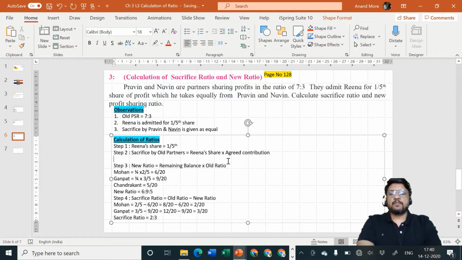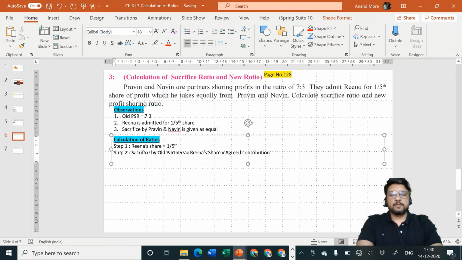So we'll have to calculate the first one. First one is Praveen. Praveen is equal to Reena's share into agreed contribution. How much is Reena's share? 1/5. Into how much is the agreed contribution? It is agreed that both of these old partners will be sharing it equally.